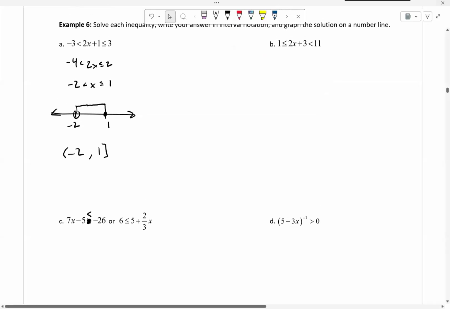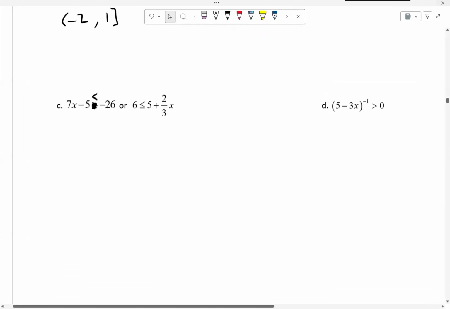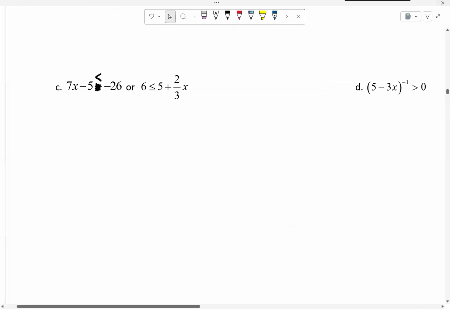I'm going to skip B because I think you got it. And I fixed an error in C. That first inequality was going the wrong direction.